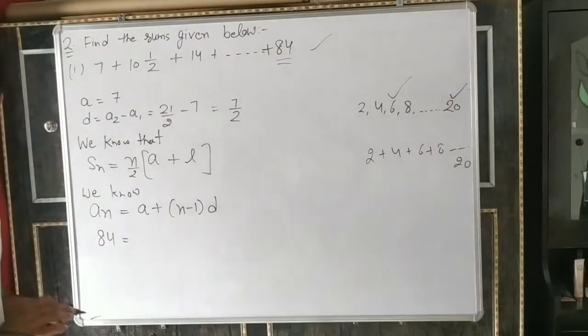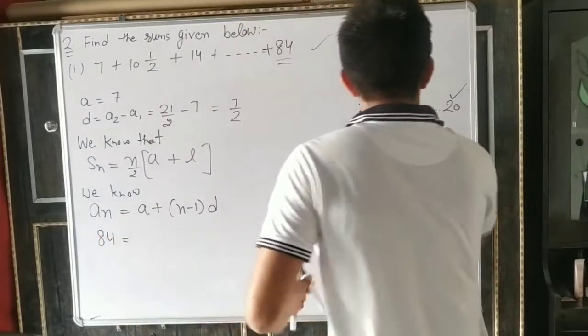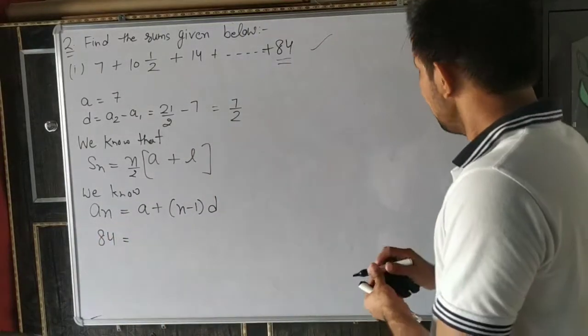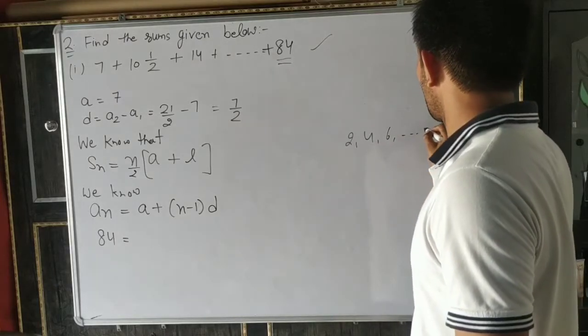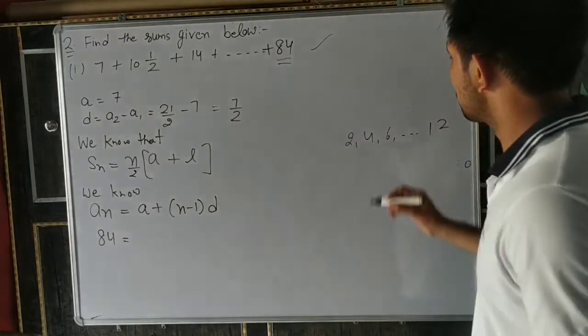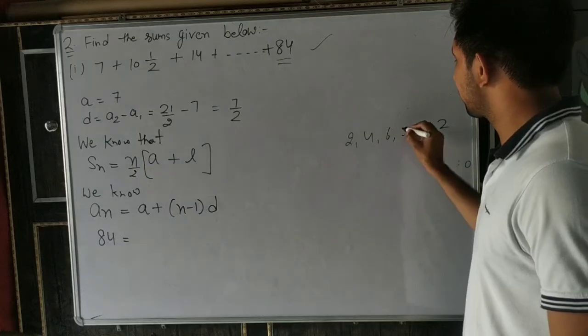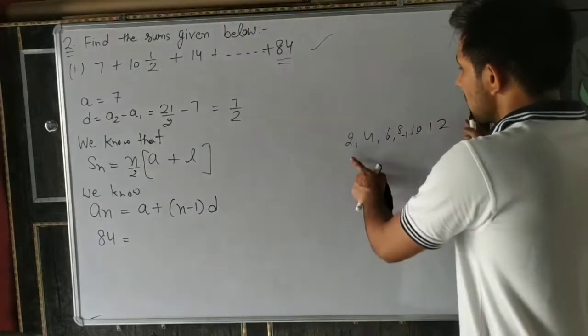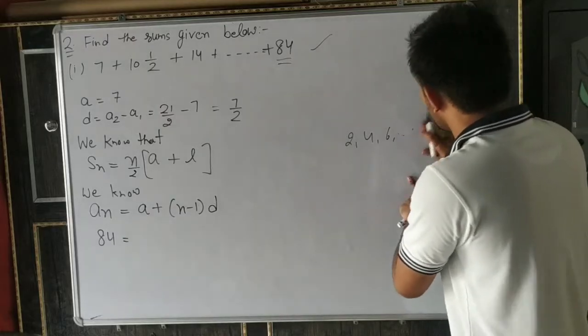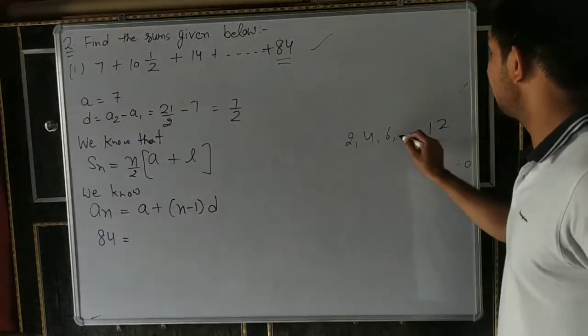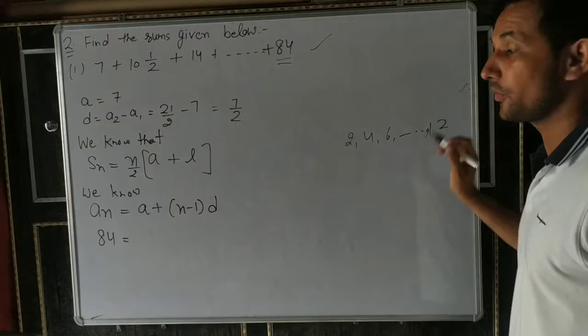It is very simple dear. Same as it is, if I write an AP 2, 4, 6, dot dot and 12, how many terms? 2, 4, 6, 8, 10, how many terms? 1, 2, 3, 4, 5, 6. But the middle terms are not given. So how to find? But its last term is given.